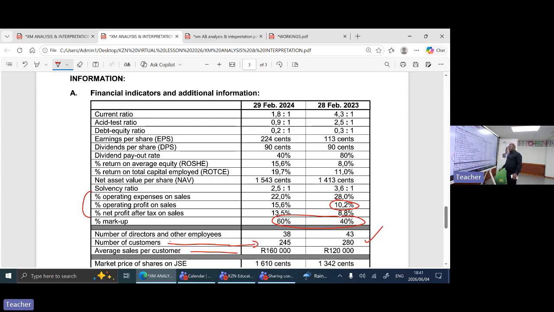So you can mention net profit after tax, which is an increase from 8.8% to 13.5%. You can also calculate by how many percentage points it increased. 13.5 minus 8.8 is 4.7. So it's increased by 4.7 percentage points. This is an absolute increase. Then a relative increase: 4.7 over the before value, which is 8.8.